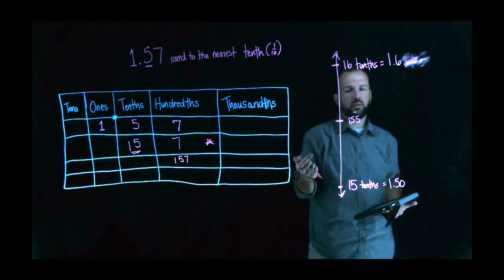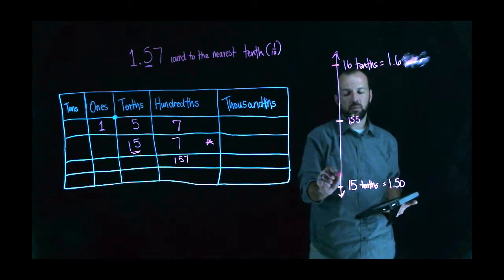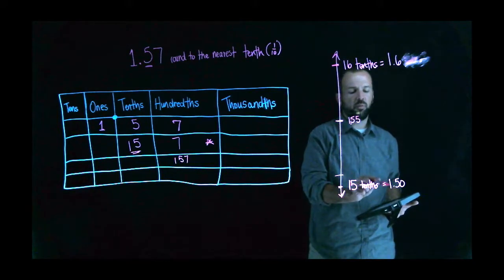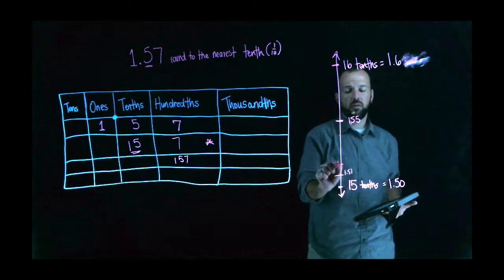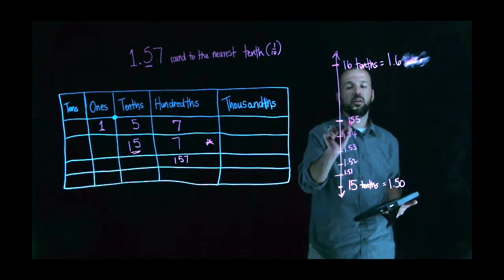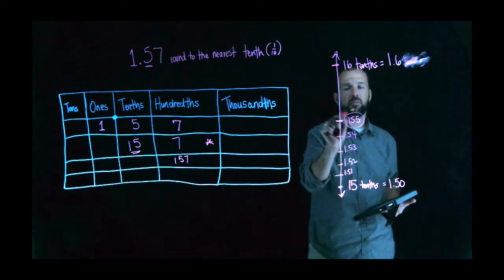So if you were counting up by hundredths, right? So we would have 1.51, 1.52, 1.53, 1.54, 1.55. That's going to be our halfway point.